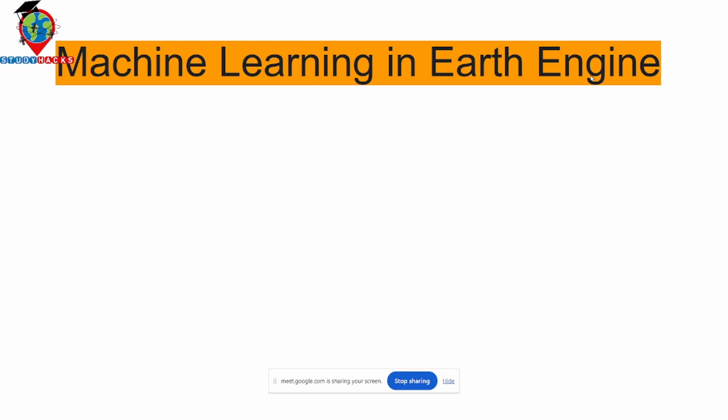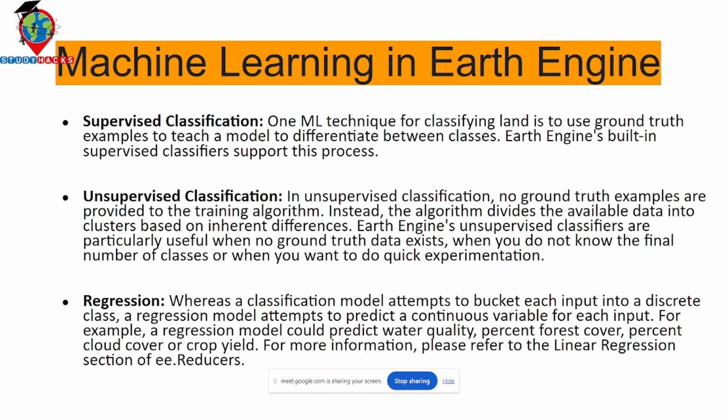Machine learning in the Google Earth Engine platform: mainly we can work with supervised, unsupervised, and regression using Google Earth Engine. Supervised machine learning is one kind of machine learning where we need ground truth data, and to get it you have to take some ground samples. There are a lot of ways to take ground samples.